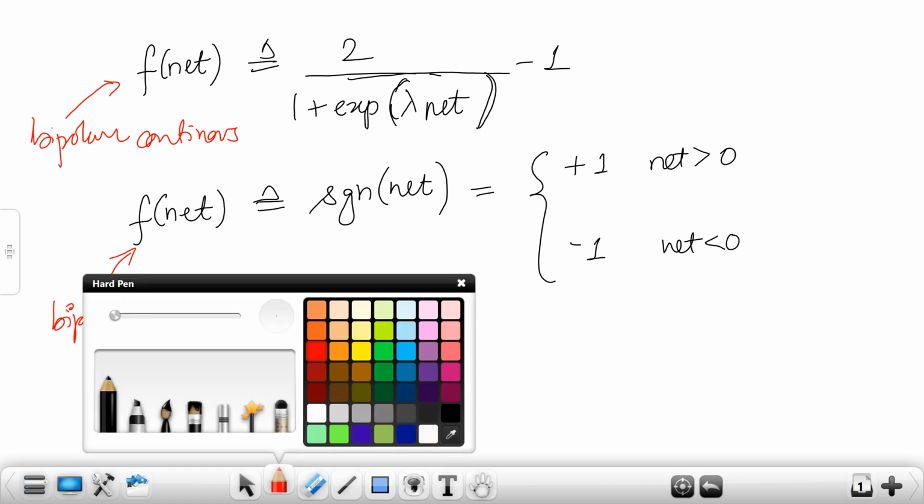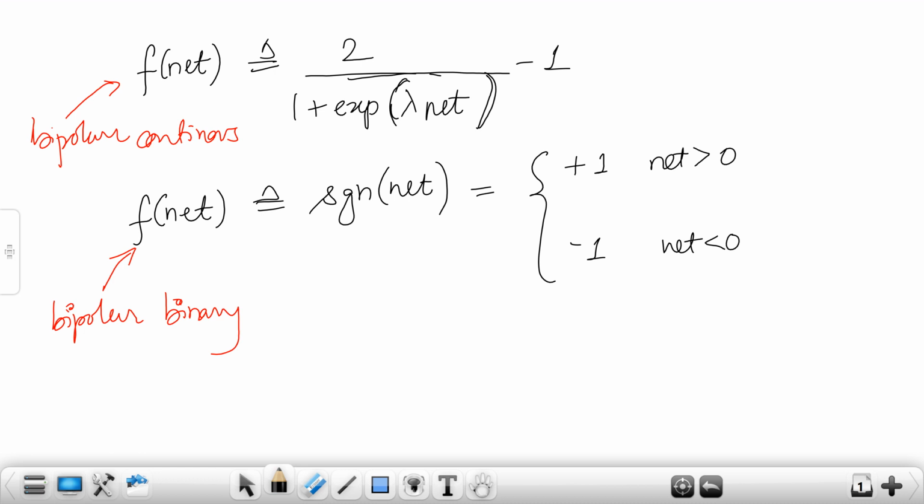I'll draw how it looks to show you. f(net) will look somewhat like this, your bipolar activation function. On the y-axis you have f(net), and on the x-axis you have net. It goes down to minus 1, and on top it goes up to 1.